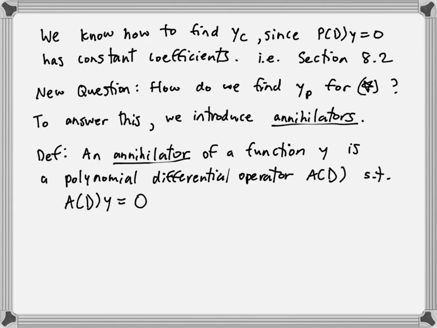Okay, so I want you to think of an annihilator as being a differential operator that completely takes out the function. It wipes the slate clean, and when you hit it with it, you get 0.